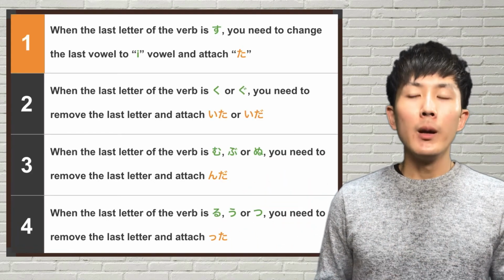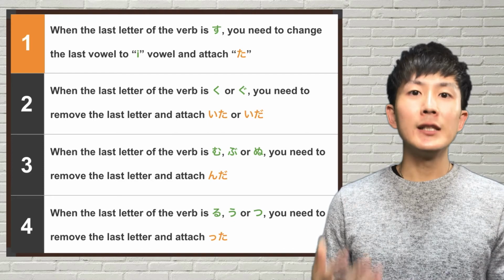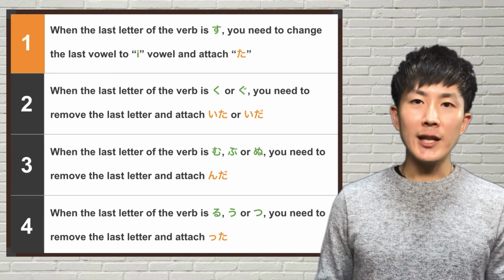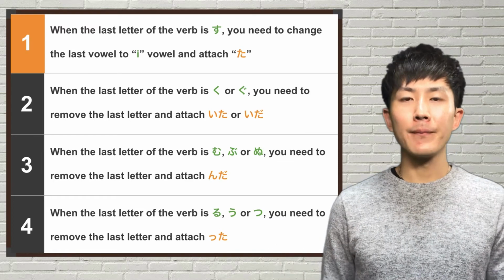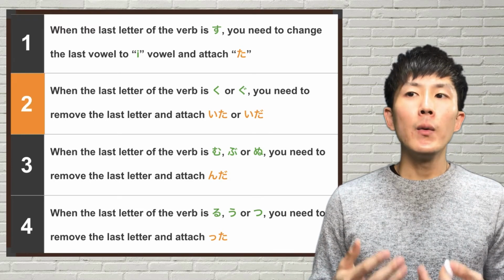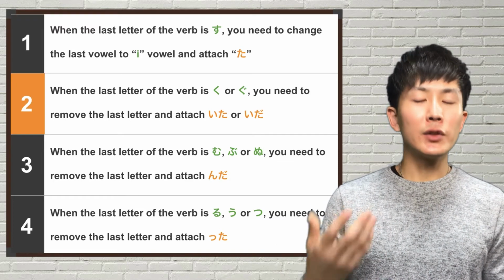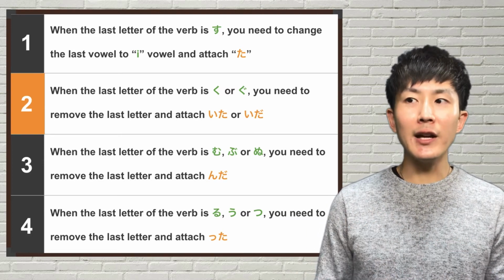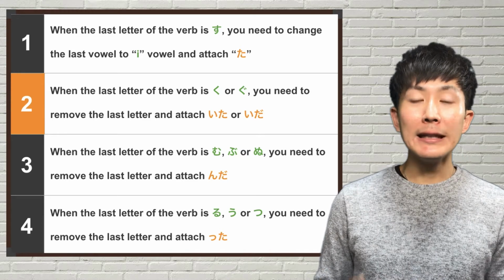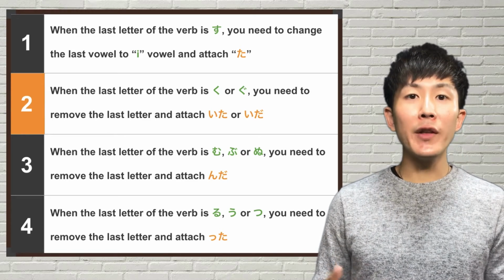Category 1. When the last letter of the verb is す, you need to change the last vowel to I vowel and attach た. Category 2. When the last letter of the verb is く or ぐ, you need to remove the last letter and attach いた or いだ. Category 3.